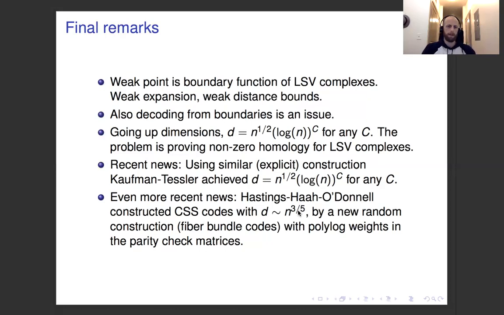And again, this is on the distance aspect, and it's very interesting to ask what will happen regarding the decoding. So far, the decoding result is for the complexes coming from the two-dimensional LSV complexes. And I think I'm a bit over time, so I'll stop here, and thank you very much.